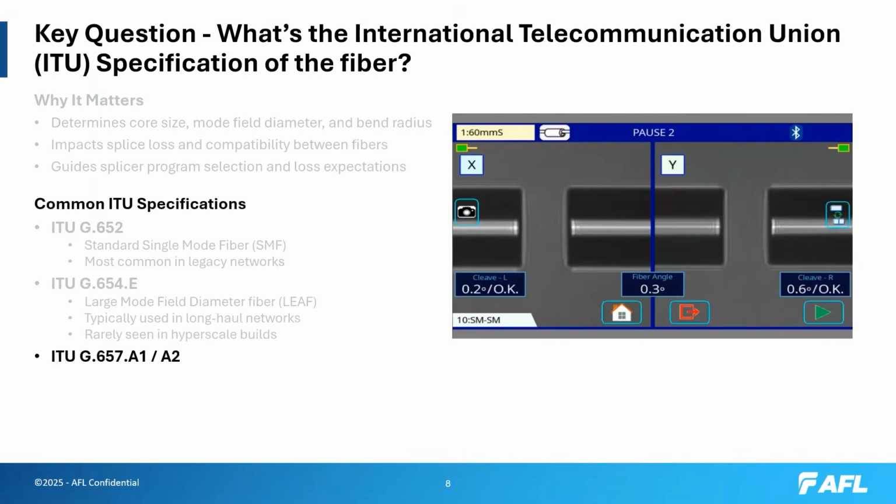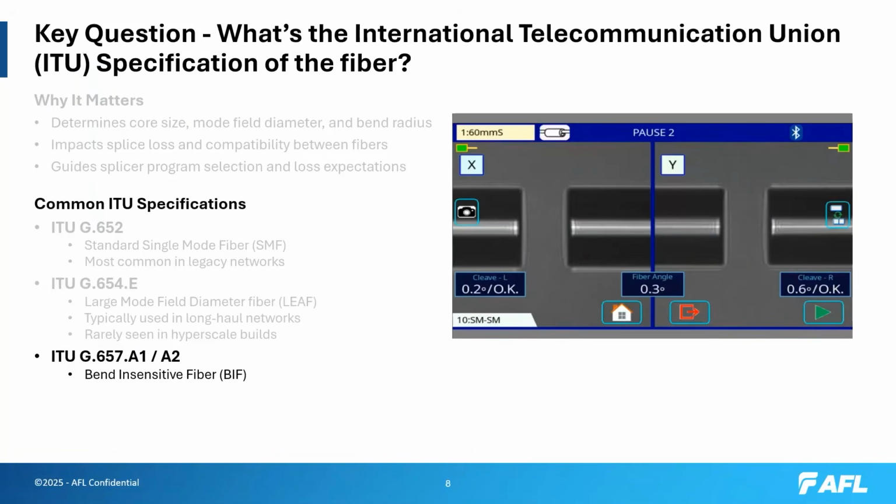Then you get into the ITU G.657 A1s and A2s. This is the bend insensitive type fiber. We call it BIF. And this fiber is utilized with high fiber count systems, the 3456, and larger cable builds would use this G.657 fiber.